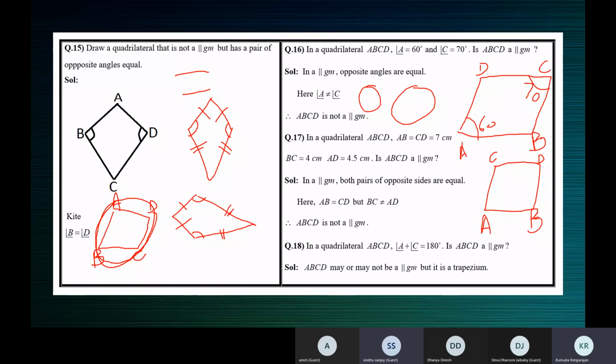See the next one. In 17, ABCD is a quadrilateral. AB is equal to CD is equal to 7 centimeters.